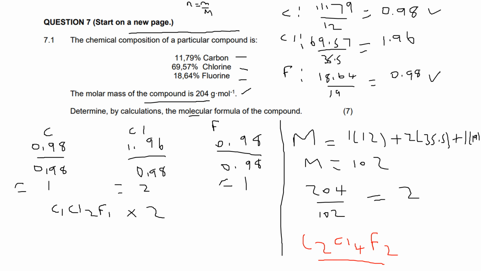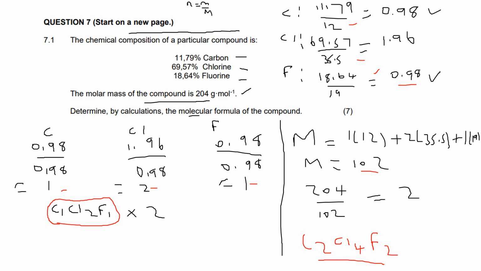So yeah, first things first, use the given values, divide them by the mass number, then you get those values. Once you get those 3 values, you're going to divide each of the values that you got by the smallest number, which is 0.98. Then once you get that, you get these ratios of 1, 2, and also 1. That becomes your empirical formula. Once you get the empirical formula, you go and find the molecular mass of it, or the big M of it, which you found as 102.